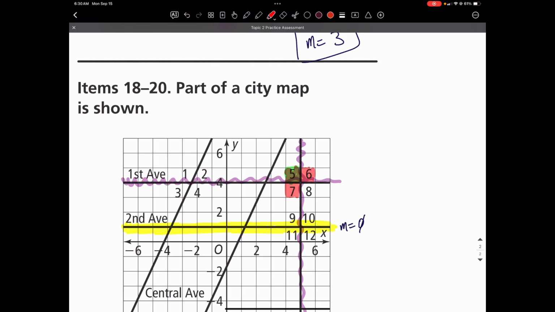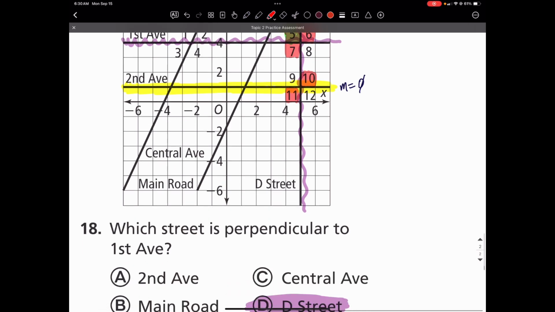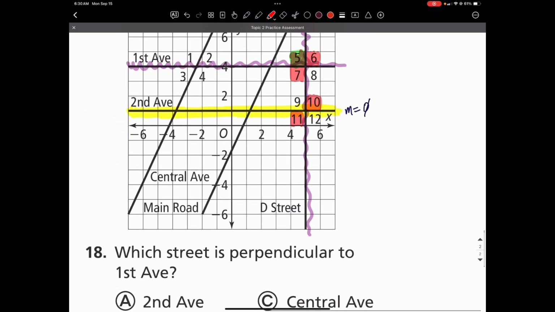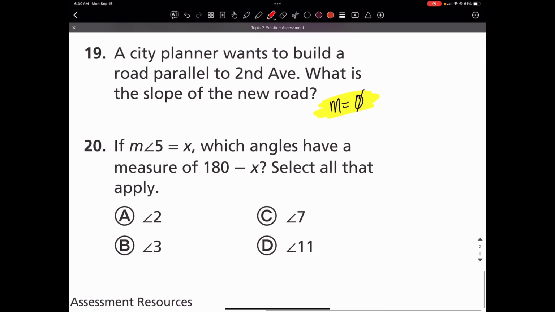And then, based on other theorems we know, alternate interior, same side, or alternate exterior, corresponding angles, we could say that 11 and 10 would also be equal to 6 and 7, which would be 180 minus 5, right? So those are 6, 7, 10, and 11. So of these, you would have 6, 7, 10, and 11. So angle 7 and angle 11.